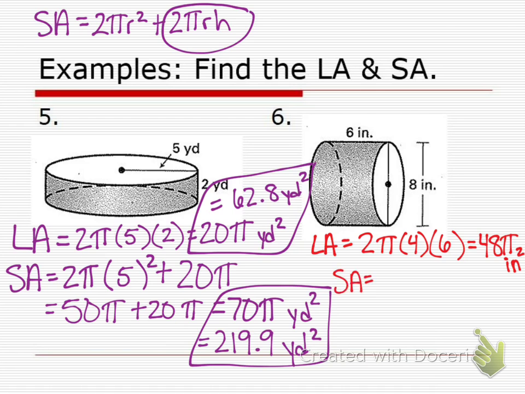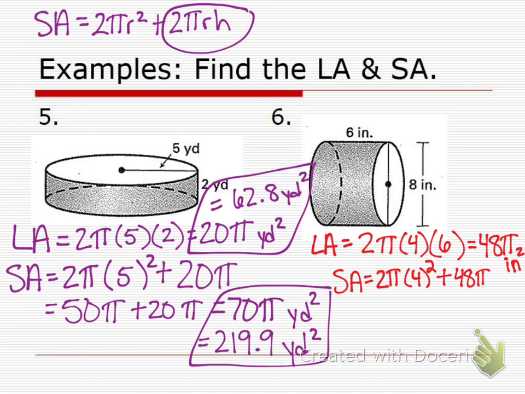When we move on to surface area, we're going to take 2 times pi times 4 squared. Remember that for that first part of surface area, the radius gets squared. And then we're going to add the 48 pi.